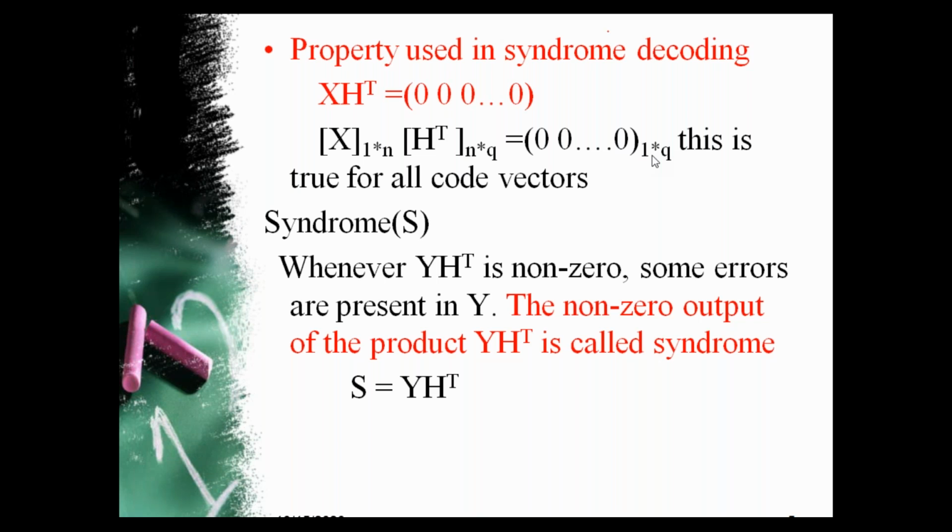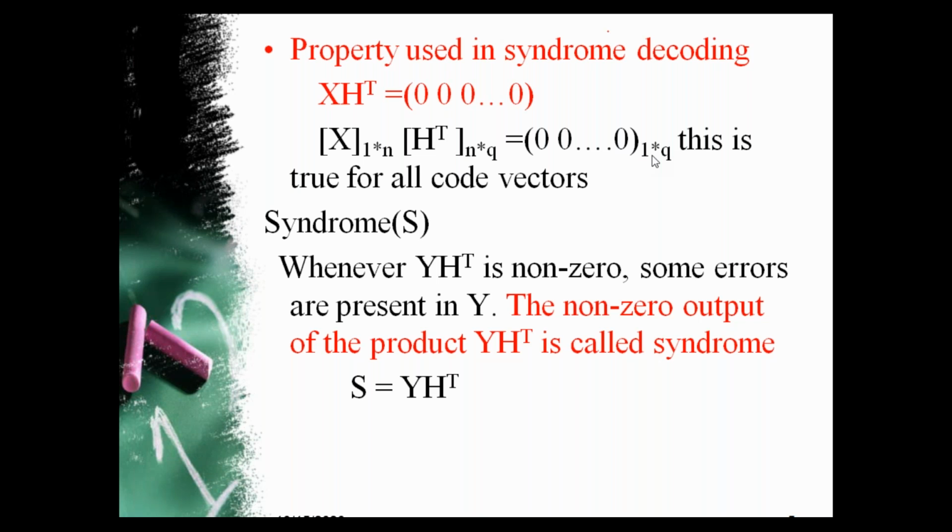Y is the received vector. If Y into H transpose is non-zero, we can say some errors are present in Y. If Y equals X, then Y into H transpose is also 0.